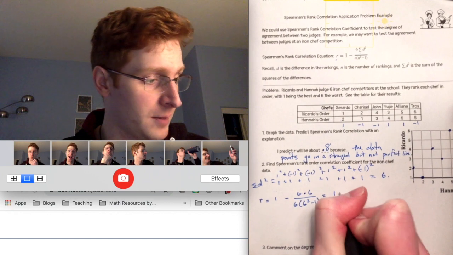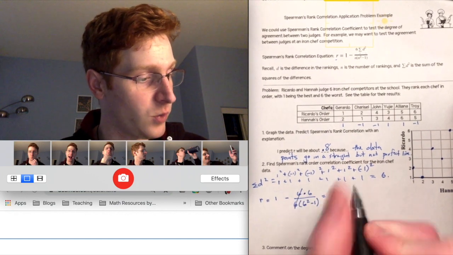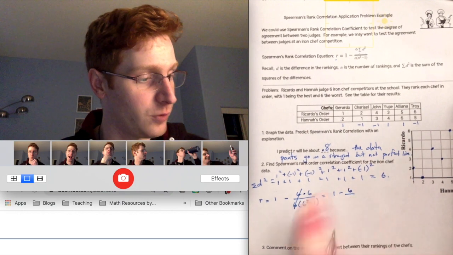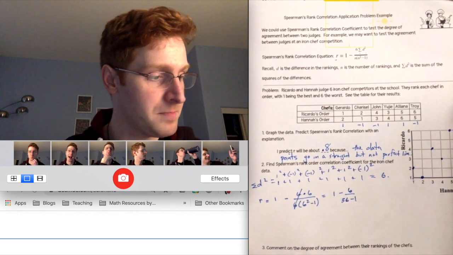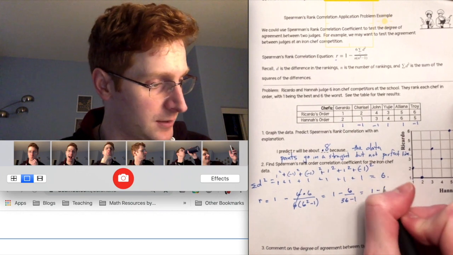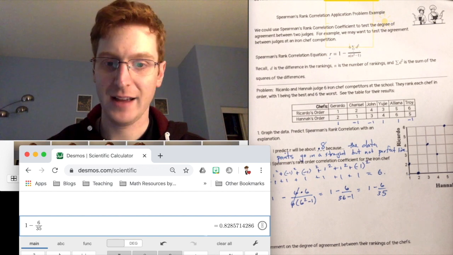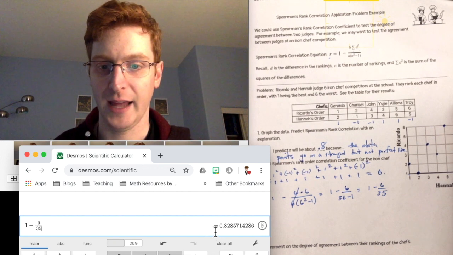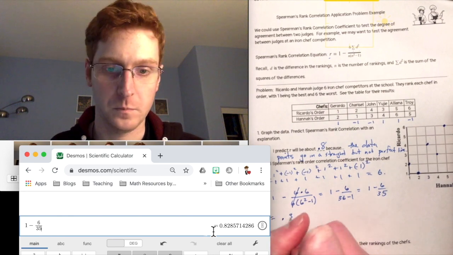That's 1 minus, I notice here I've got 6 and I've got 6, so that's 1 minus 6 over 36 minus 1, which is equal to, so I'm going to use a calculator to do that, and that gives me 0.828, so I'm going to round that to 0.83.